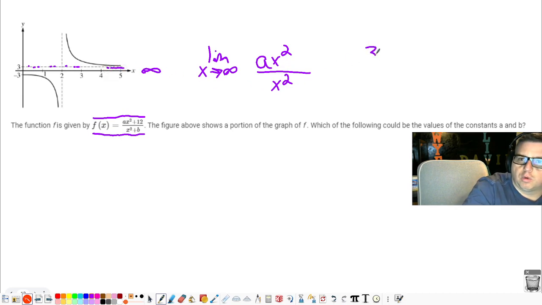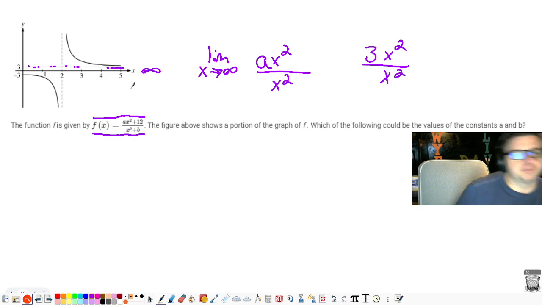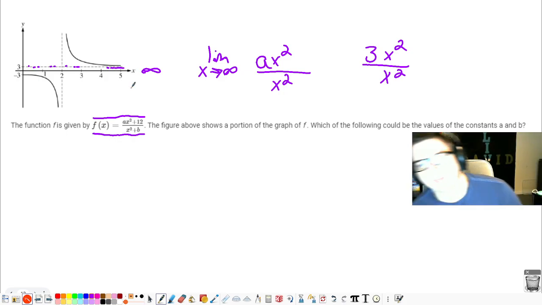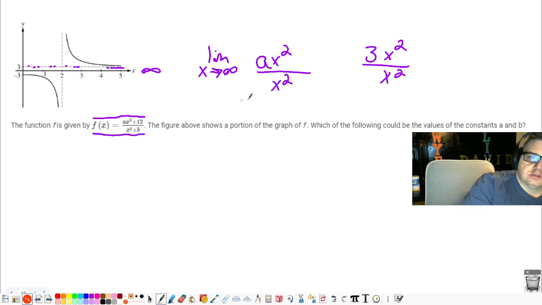Really we want 3x squared over x squared, because when these cancel each other out, we're left with a 3. So the limit as x approaches infinity is going to be 3. Therein lies our first issue solved.